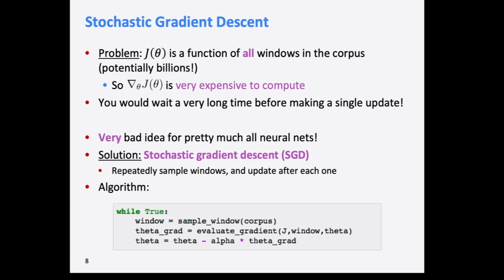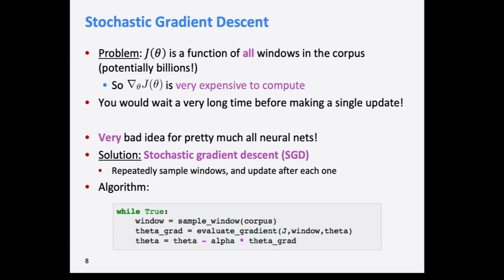So no one does that in deep learning systems. What everyone does is use stochastic gradient descent. In stochastic gradient descent, we sample a window in the simplest case. Just for this one window, we work out an estimate of the gradient, and we use it as a parameter update.